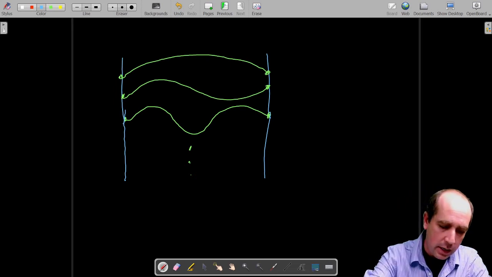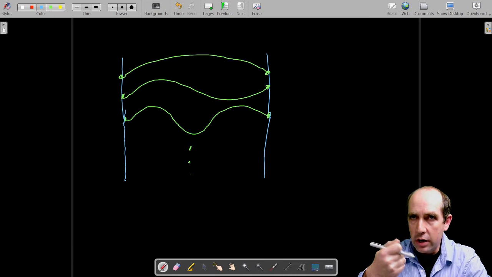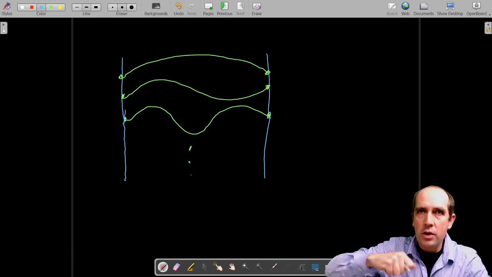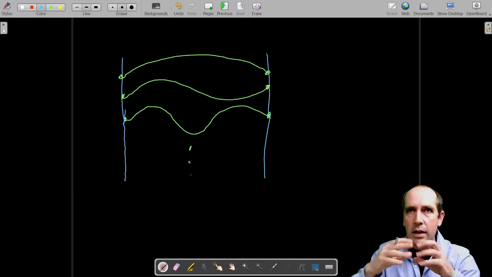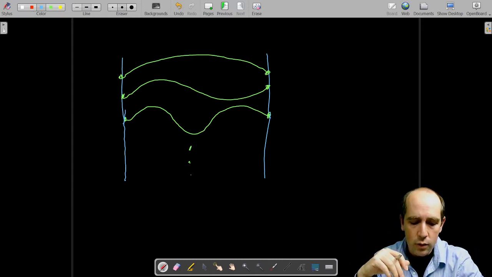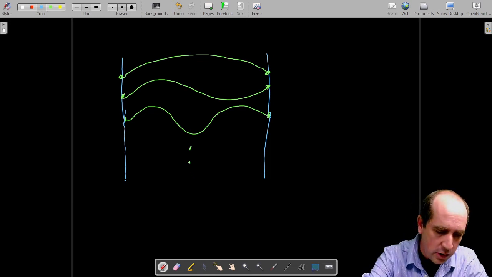You could take a charge and shake it and put as much mechanical energy as you want into this shaking, and this energy will translate into radiation. And you could, in principle, put again as much energy as you want.